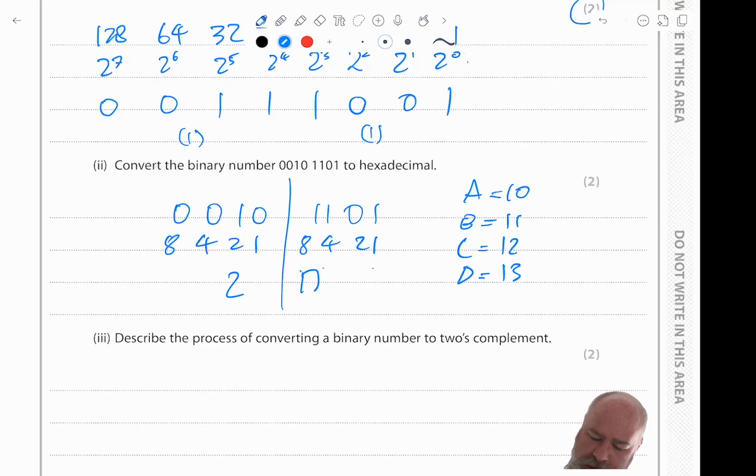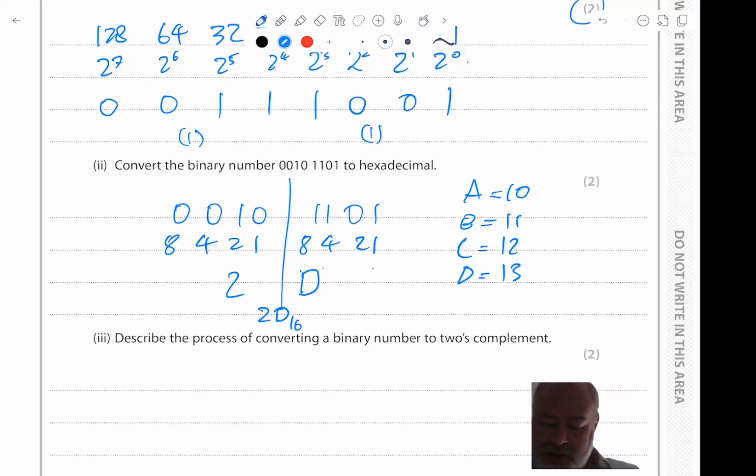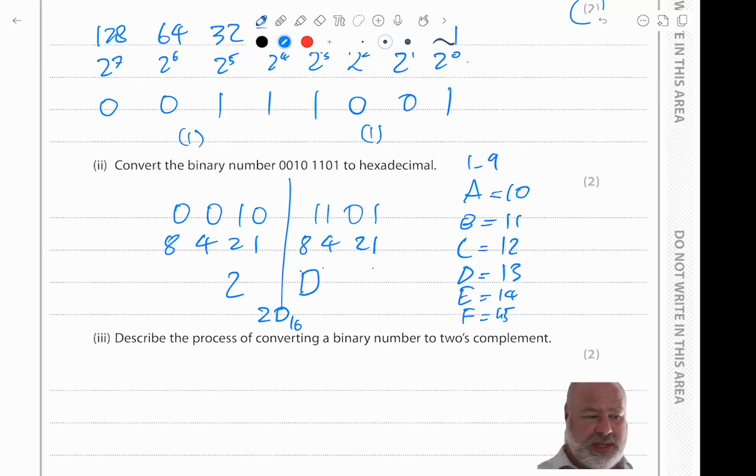So you'd write 2D here. So to find hexadecimal, you just split up into nibbles and you look at each one, 8421, and then you represent it. So 1 to 9 is as normal, E is 14, and F is 15, isn't it? So you get 0 to 15, 16 values in hex.